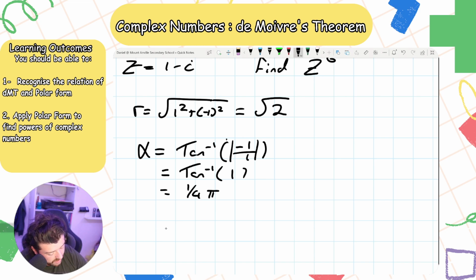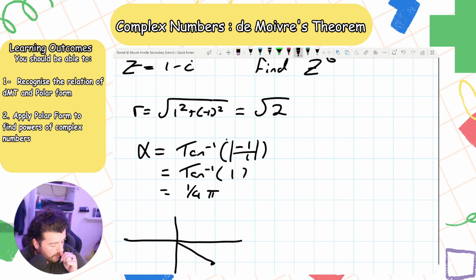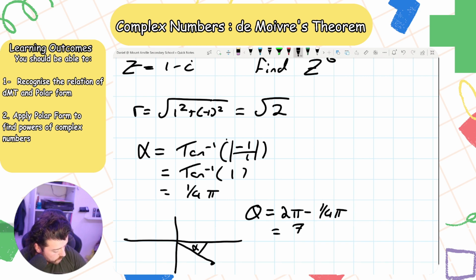Then we are in the fourth quadrant because we have a positive real number and a negative imaginary number in here. So my argument is going to be 2 pi minus a quarter pi, which is equal to 7 pi over 4.